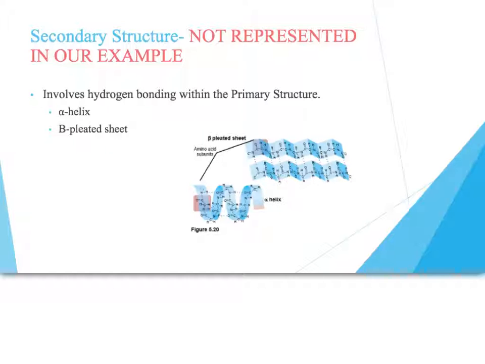You either have an alpha helix, which is represented here, or you have a beta pleated sheet, which is represented here. Again, these are not caused by covalent bonding at all, but they do occur as polypeptides, the R side chains, the ones that are different between each amino acid, interact to have hydrogen bonds.